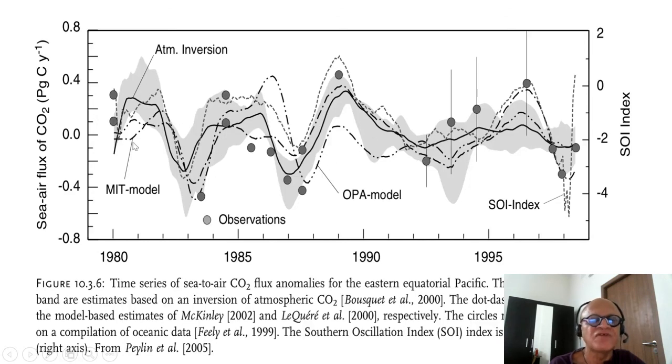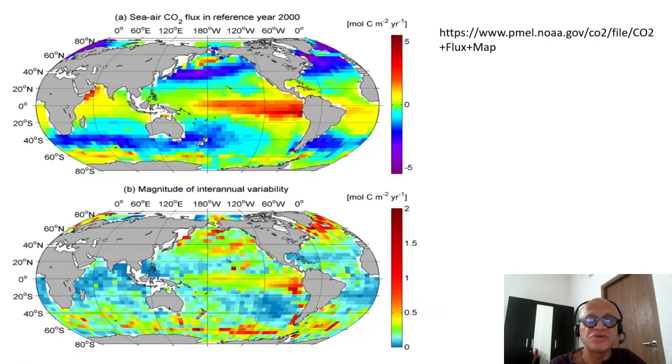And then there are different models, the MIT model, the French model called OPA, and there is the SOI index, which is tracking the El Nino. And you can see that the differences between models are substantial, right? And this is in a region where the signal is very large. Or imagine in the regions where the signal is small.